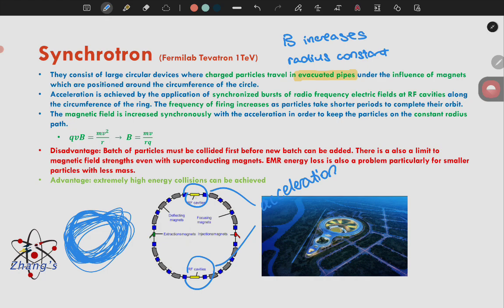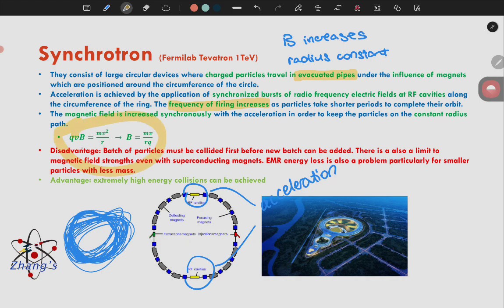As a result, not only does the magnetic field have to increase to adjust for your increase in velocity to maintain the same radius, but the frequency at which these electric fields have to fire also increases. It's simply because you are traveling more distance in a shorter amount of time. In other words, your frequency of movement around that circular path is increasing. So frequency of firing increases. That's important.